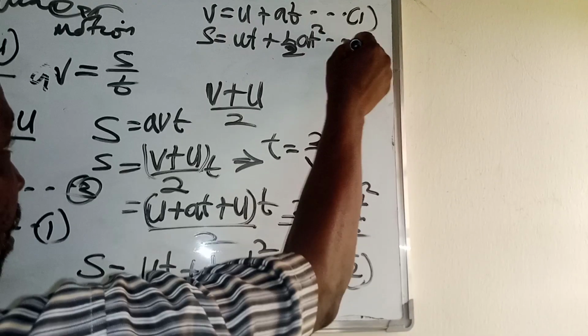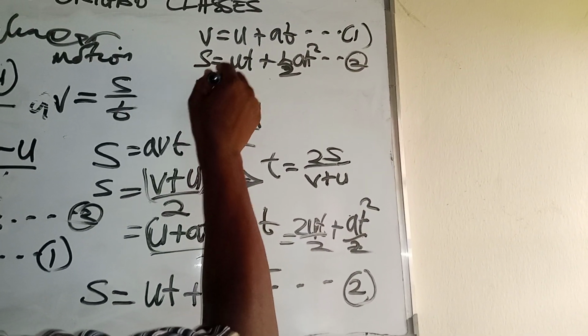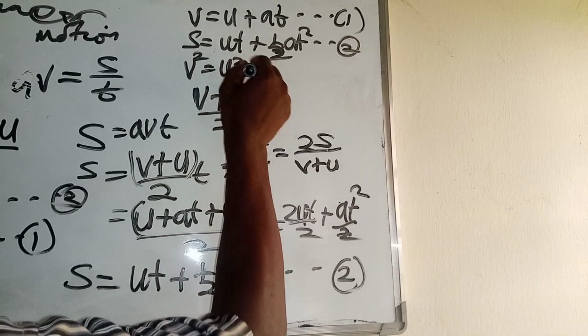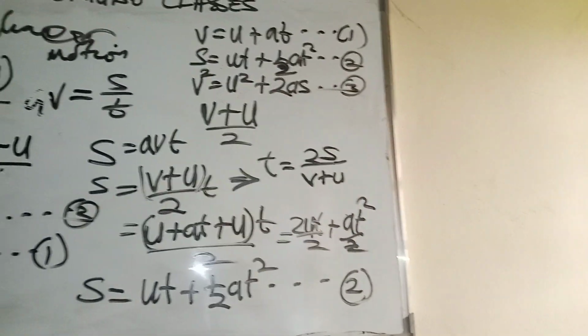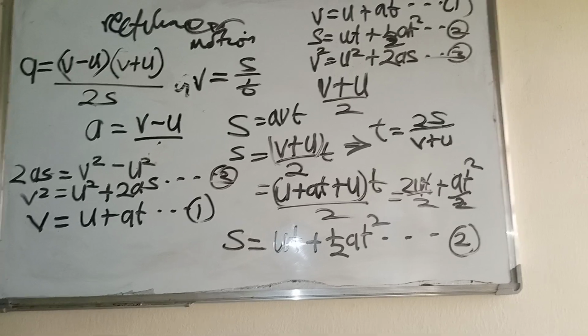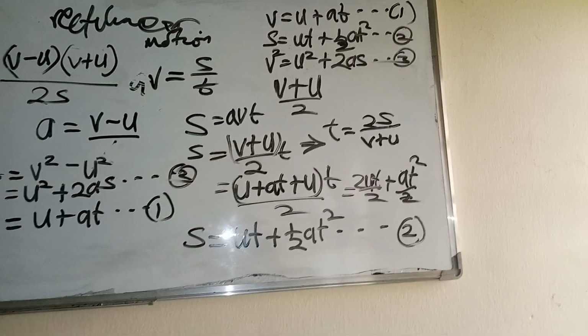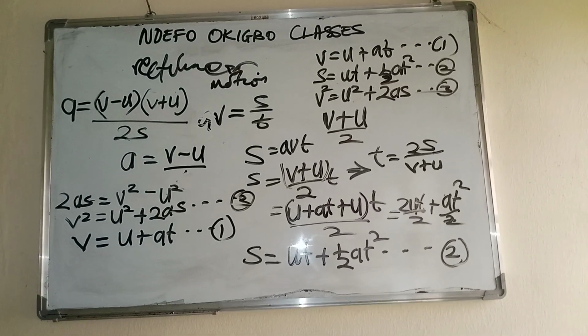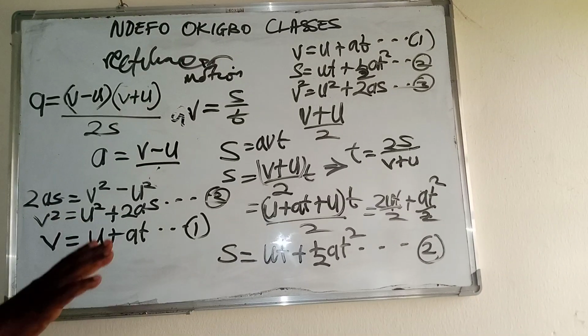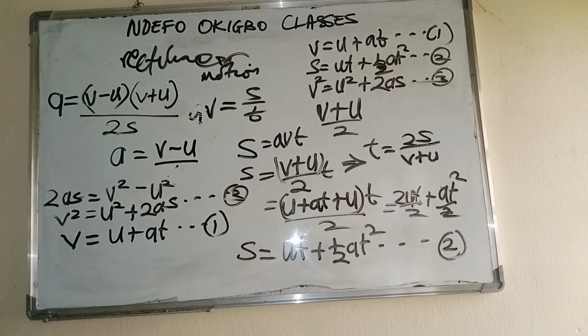Equation 3: v squared is equal to u squared plus 2as. We will use these three equations in solving most of the motion problems we are going to deal with now, and get our answers.